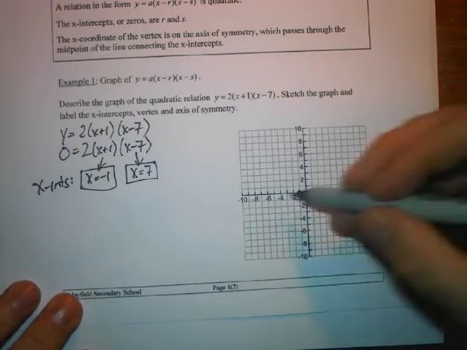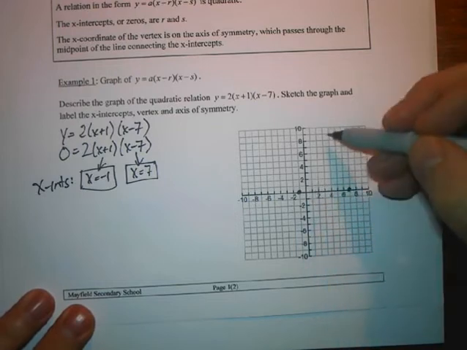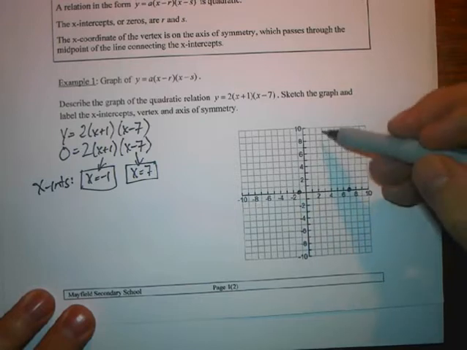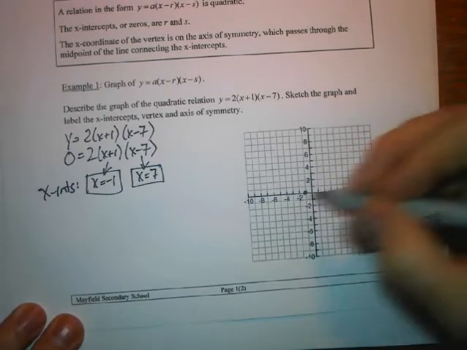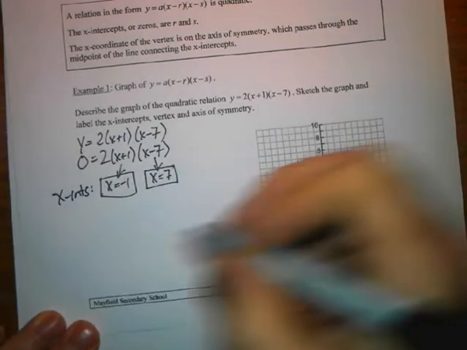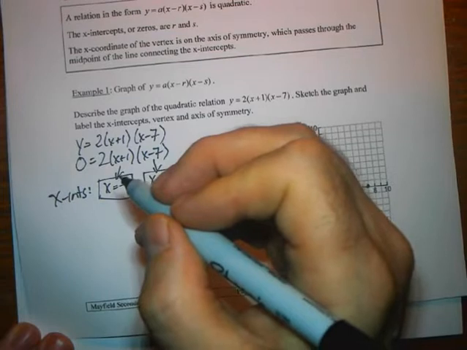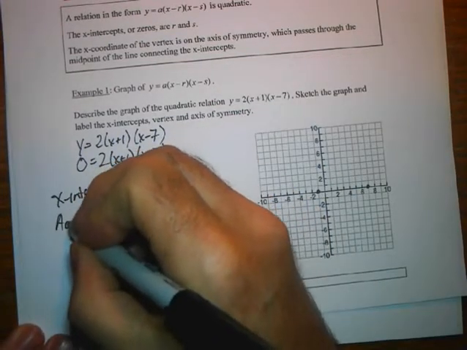If you remember the whole thing about a parabola, it's very symmetrical. So that axis of symmetry is always going to be exactly halfway between the x-intercepts. We could do that by trying to figure it out on the graph, but the best way to do it, in this case, is the axis of symmetry.